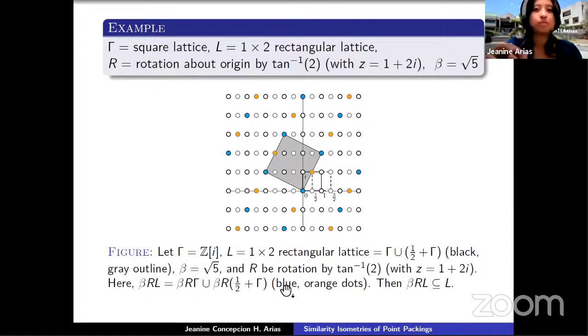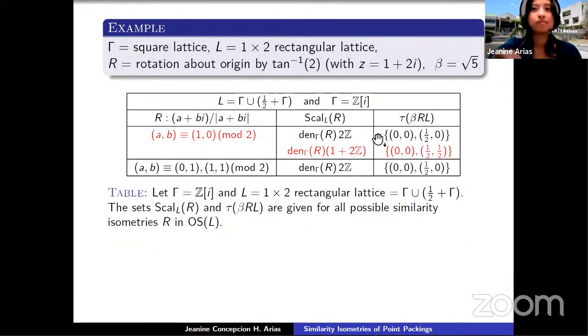So the union of the blue and orange dots is your beta RL. As we can see, the blue dots intersect the black outlined dots, while the orange dots intersect the gray outlined dots. That is, beta R gamma is contained in gamma, while beta R of 1/2 plus gamma is contained in 1/2 plus gamma. And that verifies our result from the table for tau.